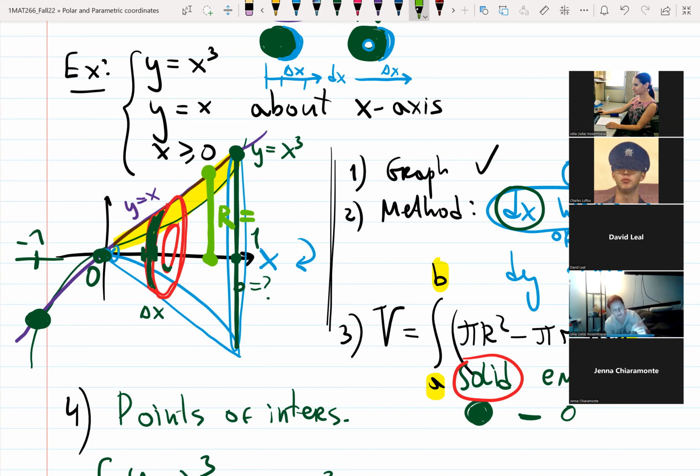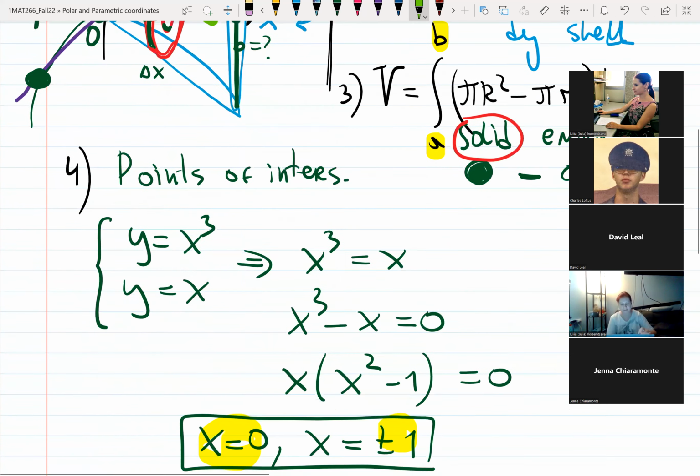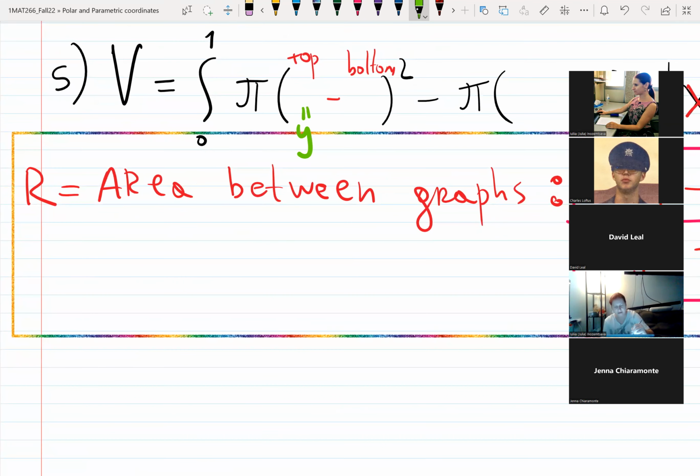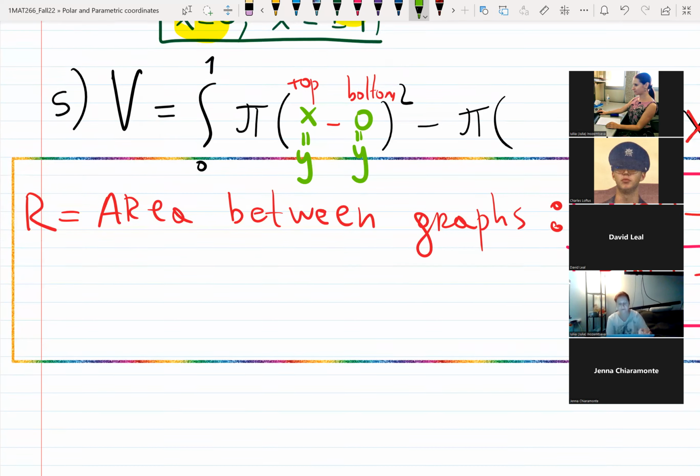The function at the top is the line y equals x, and the function at the bottom is the line y equals 0. So that's what we're going to write down. What do you think about that? Does it make sense? So we're going to write down y equals x at the top and y equals 0 at the bottom.